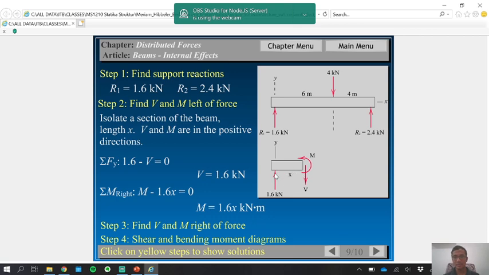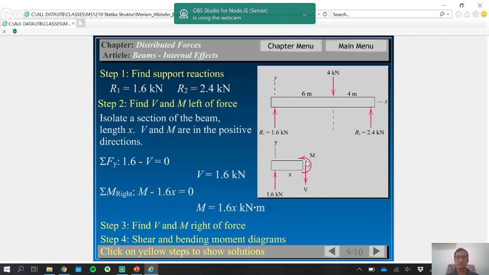The distance from the left edge is x, always that way, because we want to find the equation. Then we solve using equilibrium: sigma Fy, sigma Fx, and sigma moment. Because there is no horizontal force, we assume there is no normal force. Using sigma Fx, the internal normal force will be 0.